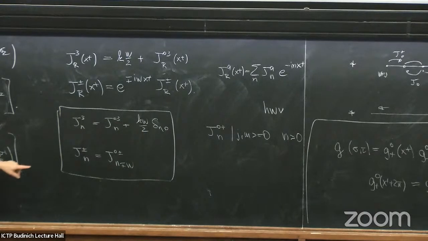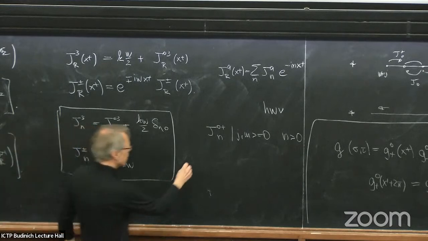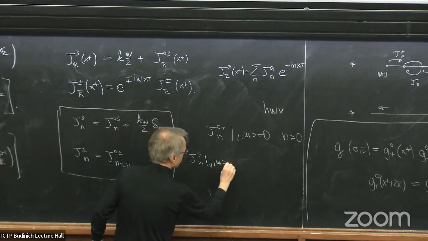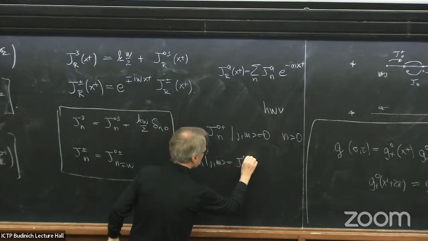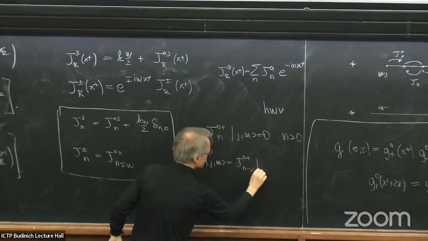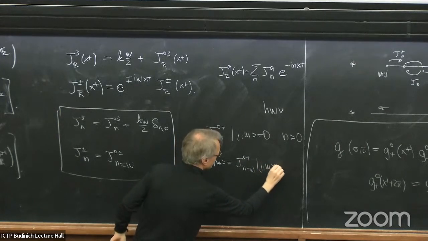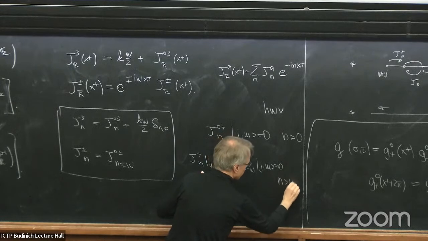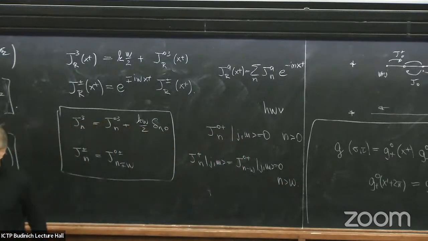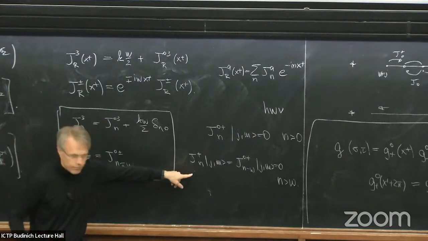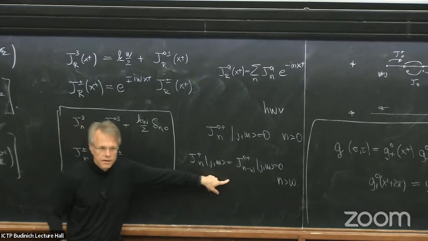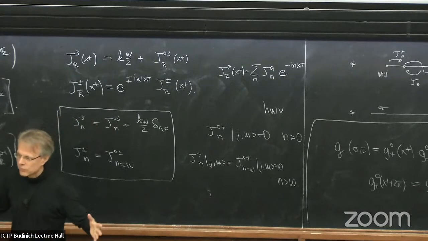But now, if I think about the action of J plus n on these states, this is the same as J0 plus n minus W acting on these states. So this is only 0 if n is bigger than W. So what this means is that there are some negative J plus modes that will not annihilate the highest weight state. And as a consequence, it's not a highest weight representation.